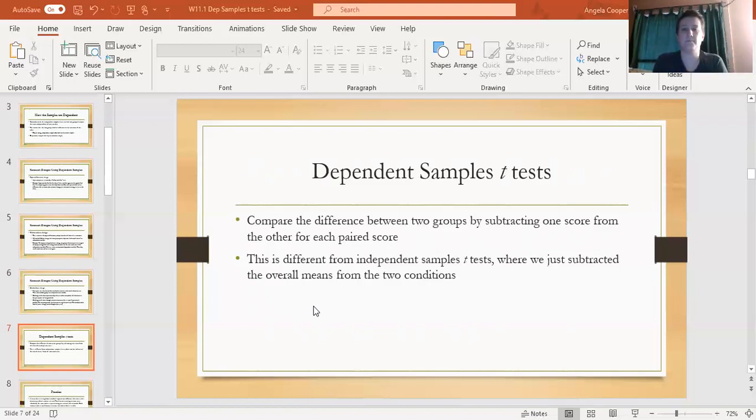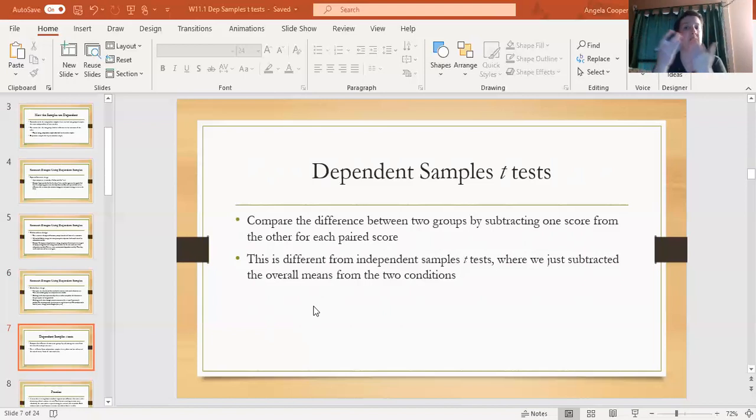So this is different. With an independent samples t-test, we're just comparing the straight up means on two separate conditions. So independent samples of dog lovers and cat lovers, we got the means from the cat lovers, we got the means from the dog lovers and compared them like that. With dependent samples t-tests, we have our pre-test scores and our post-test scores.